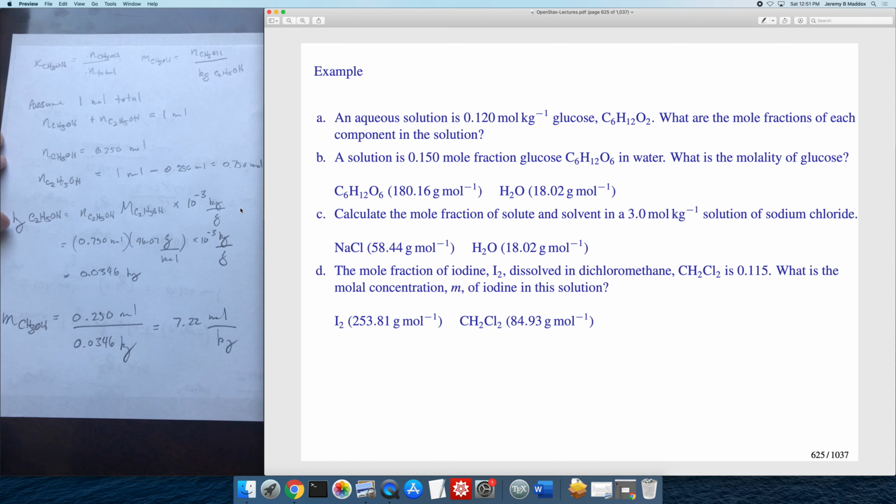These problems here, I believe they are all identical in the sense that they give you a molality and want a mole fraction, or they give you a mole fraction and they want a molality. So there's no additional tricks here. It's the same approach. This is something that you're going to want to practice, particularly if you are a chemistry major or minor.